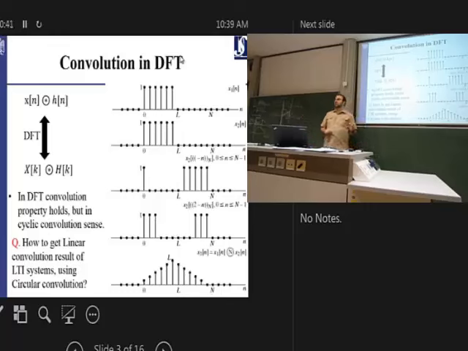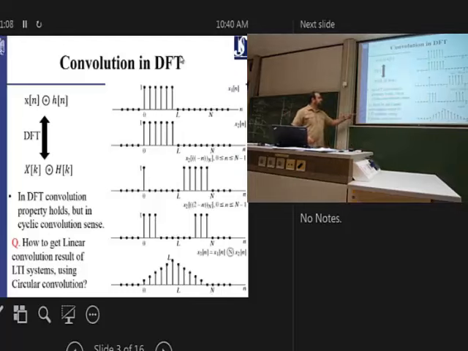But we know that MATLAB does everything in the frequency domain by the FFT or the DFT, and we know that the DFT or FFT is cyclic. What happens if we want a linear convolution, a regular convolution, but the computer is doing everything circular? There should be a relation between the linear one and the circular one that we have to figure out. That's the question here.